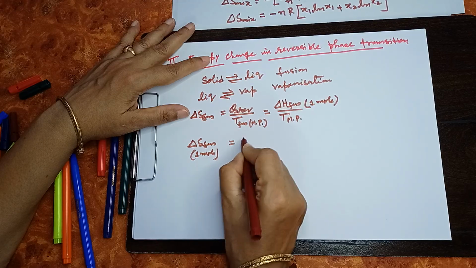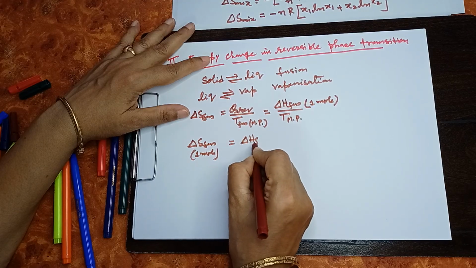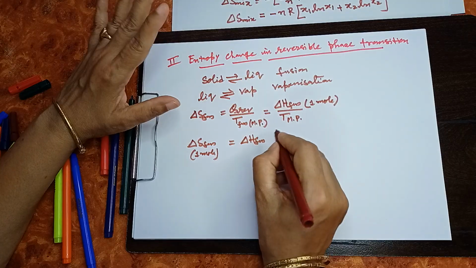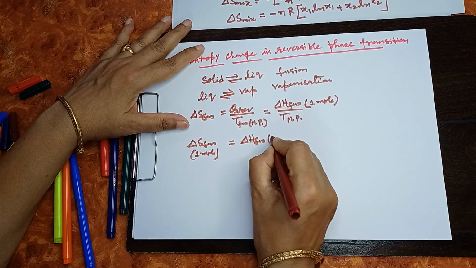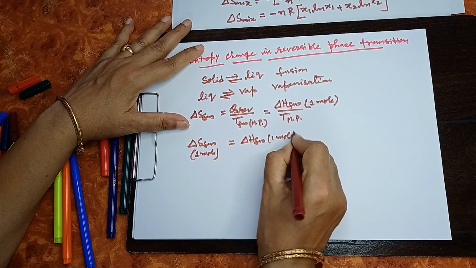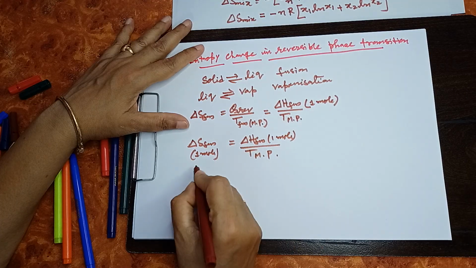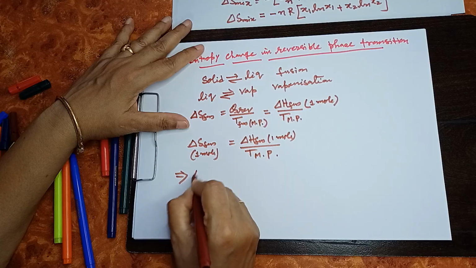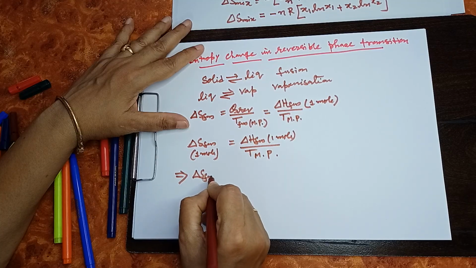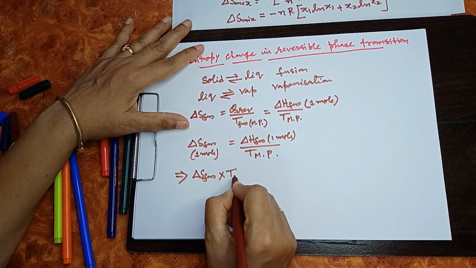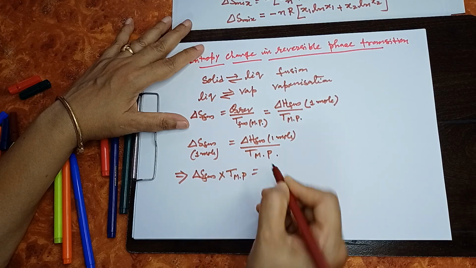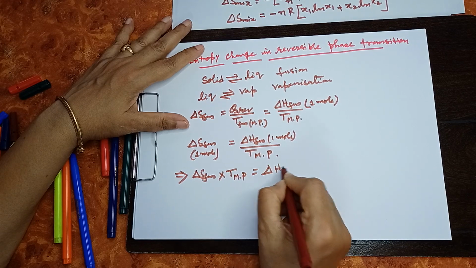That is equal to delta H fusion, this is also for 1 mole, already I have written, divided by the melting point. So from here we can write delta S fusion into the melting point is equal to delta H fusion.